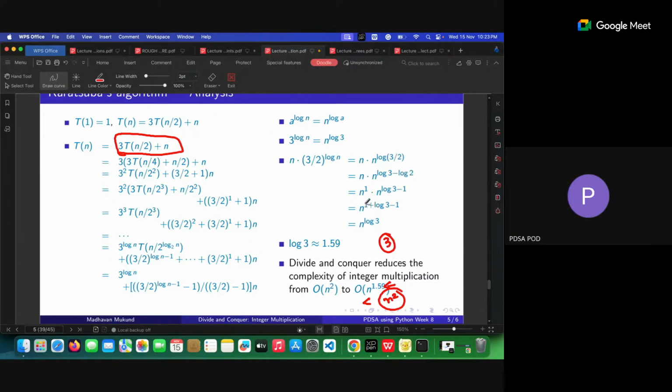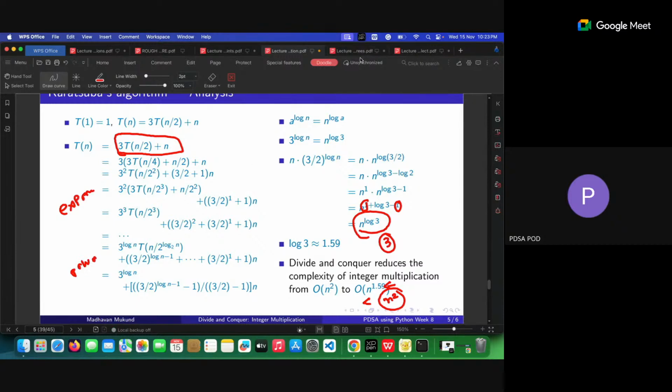So n to the 1 plus log 3 minus 1, the plus and minus are gone. So n to the log 3 is there, which is nothing but about 1.5, and where the growth is exponential, definitely we are getting a power value.